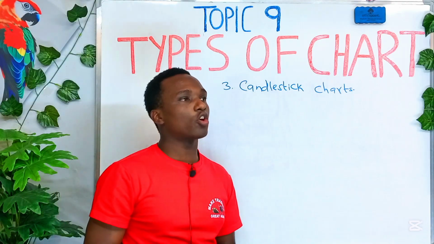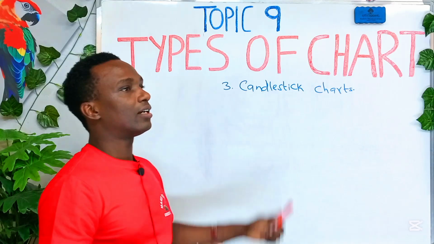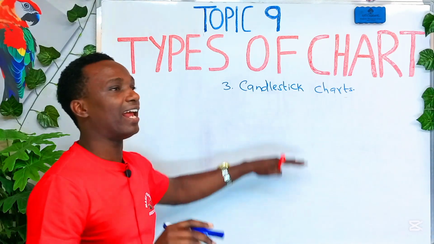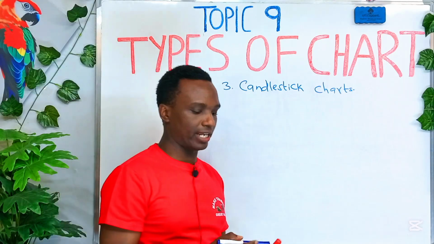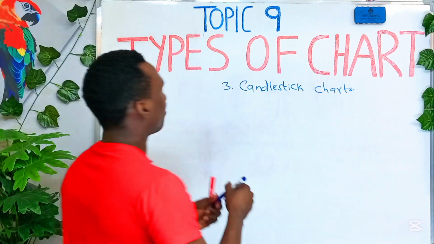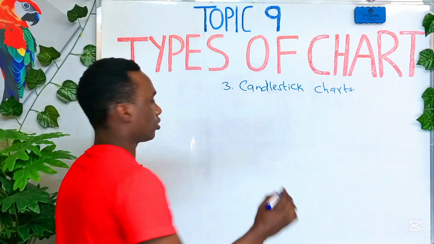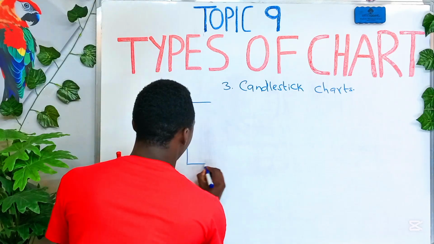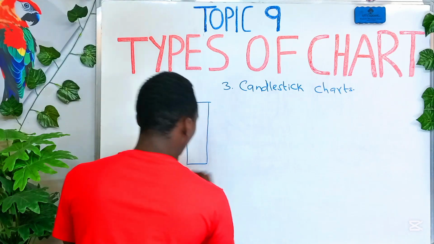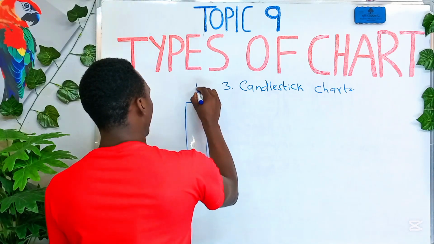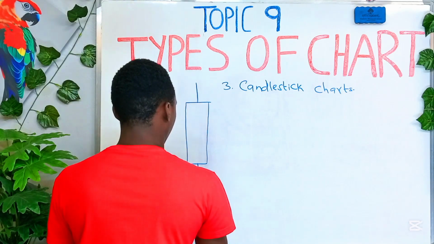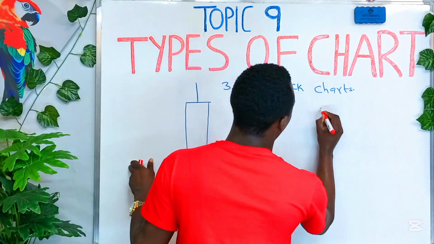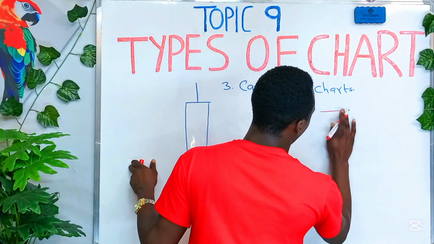So a candlestick bar still indicates highs and lows with a vertical line. So let me draw a representation of the candlesticks. In this case, this is a bar. So that is a candlestick bar. We have this one and that one. In the same spirit, we have another bar here. This is too big.